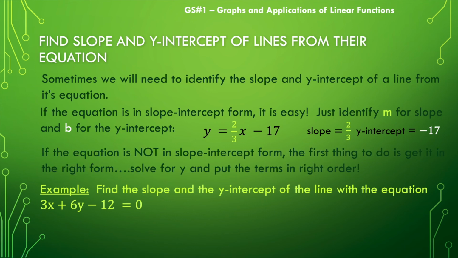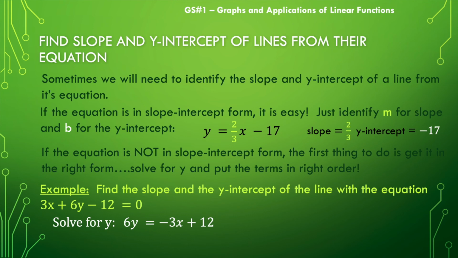Okay, but if the equation is not in slope-intercept form, the first thing I need to do is convert it. Put it in the right form. Solve for y and put the terms in the right order. So in this case, I want to isolate the y. So we'll make this into 6y is equal to negative 3x plus 12.